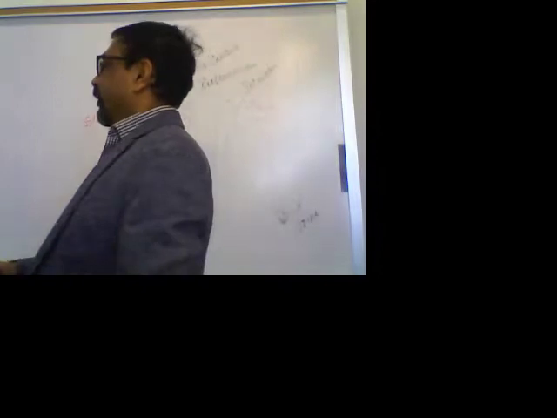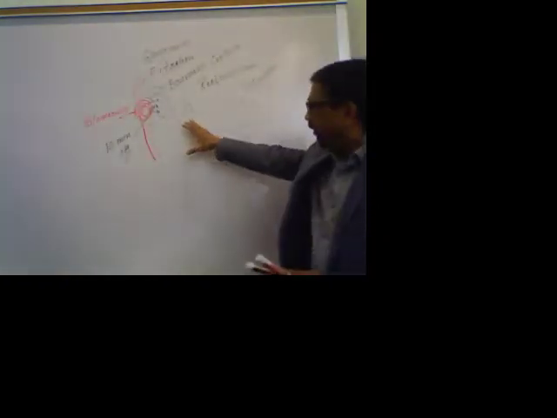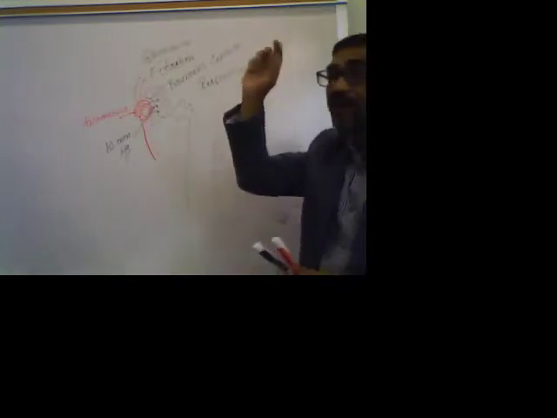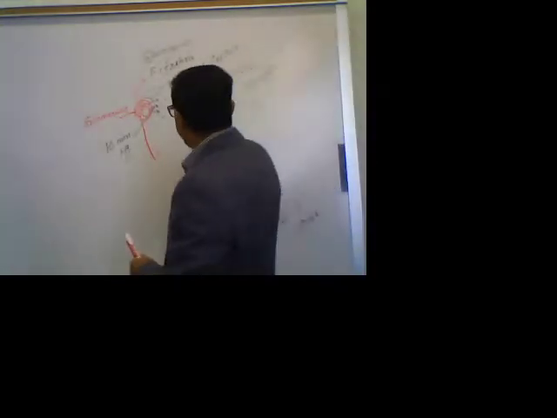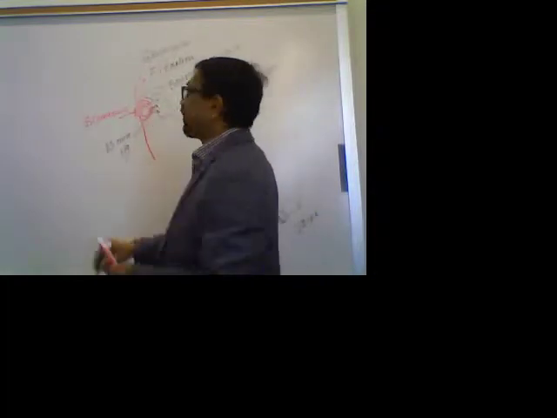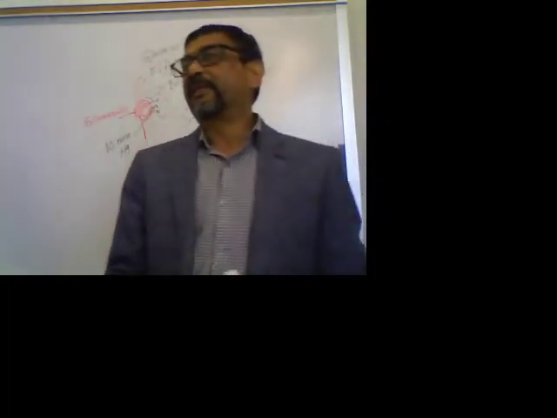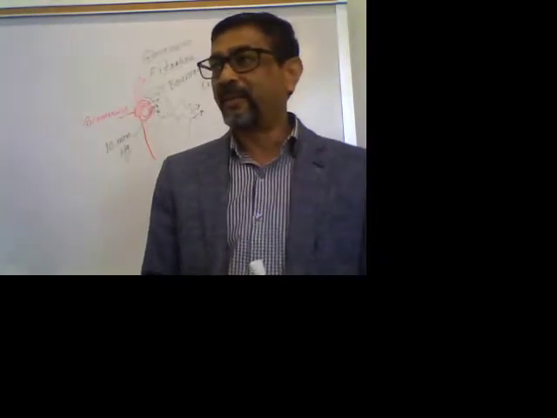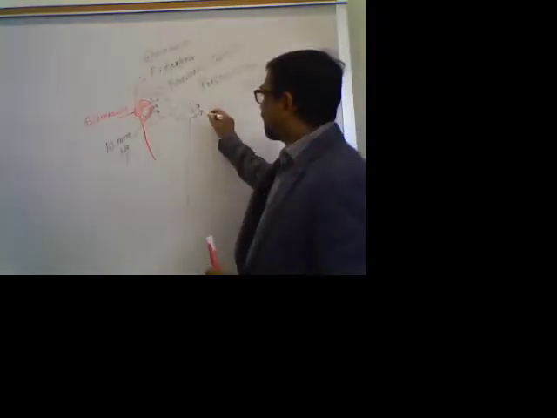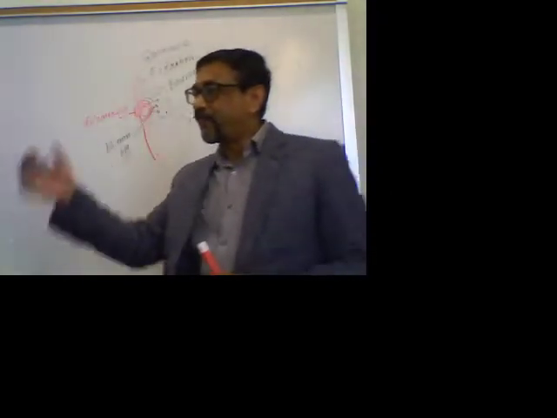While the fluid passes through the nephron, that tubule, what happens? Reabsorption and secretion. Now what is reabsorption? Very simple. Getting out from the tubule through the wall of the tubule or nephron. That is called reabsorption.